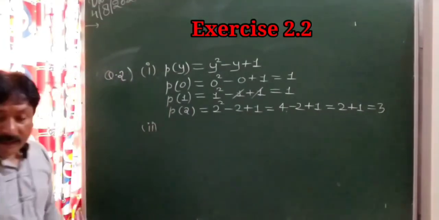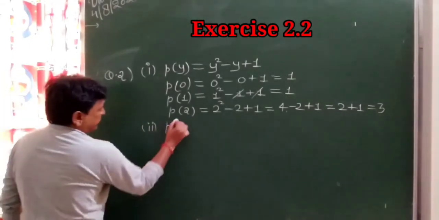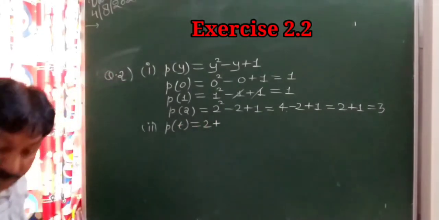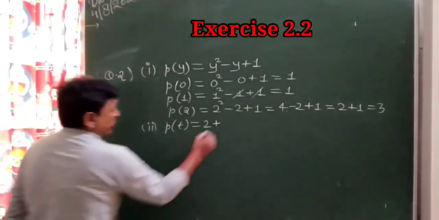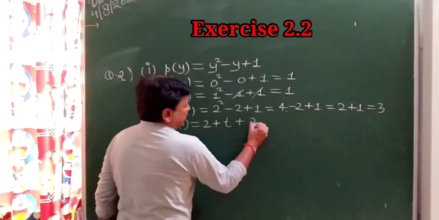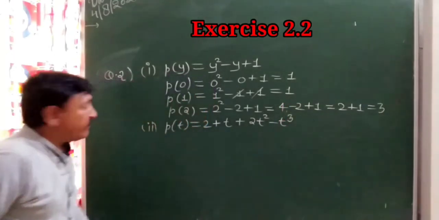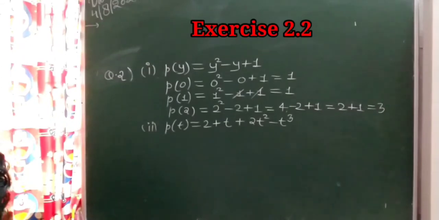See the second part. In the second part the polynomial given is Pt equal to 2 plus t plus 2t square minus t cube. Let me check it once more. Pt equals 2 plus t plus 2t square minus t cube. Yes, it is correct.